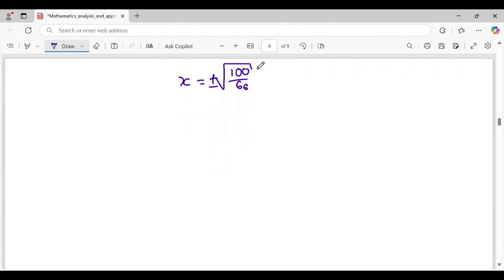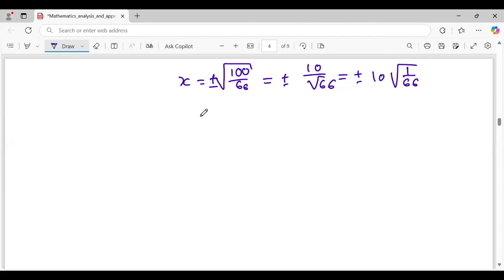If square root of 100 over 66, we can simplify, it becomes 10 over square root 66, or 10 times square root of 1 over 66.